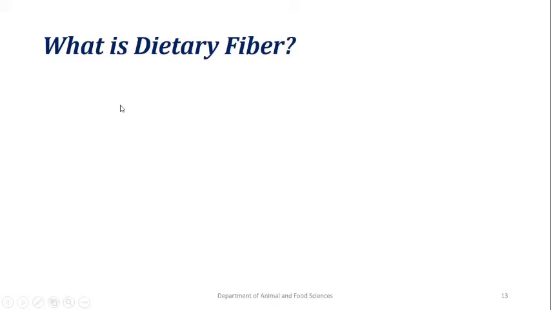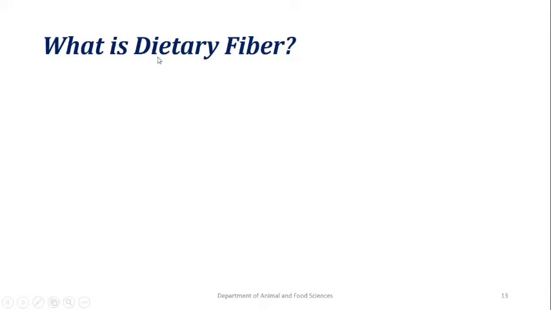Okay, most of them are carbohydrates. That's why we usually refer to dietary fiber as complex carbohydrates. But you should know that there are other things that are non-carbohydrate also categorized under dietary fiber. One thing is lignin. Lignin is not a carbohydrate, and some waxes and some gums, they are not carbohydrates.